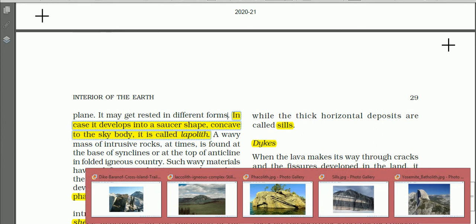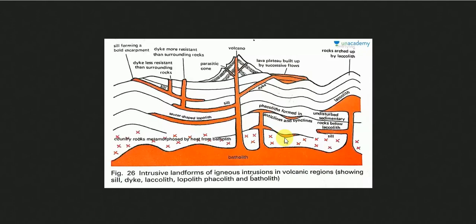Here we have a diagram also. See here, a saucer-shaped Lapolith. This is concave to the sky.